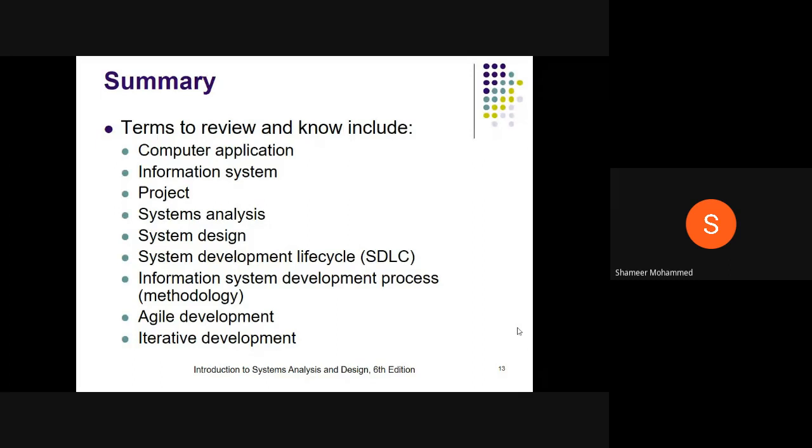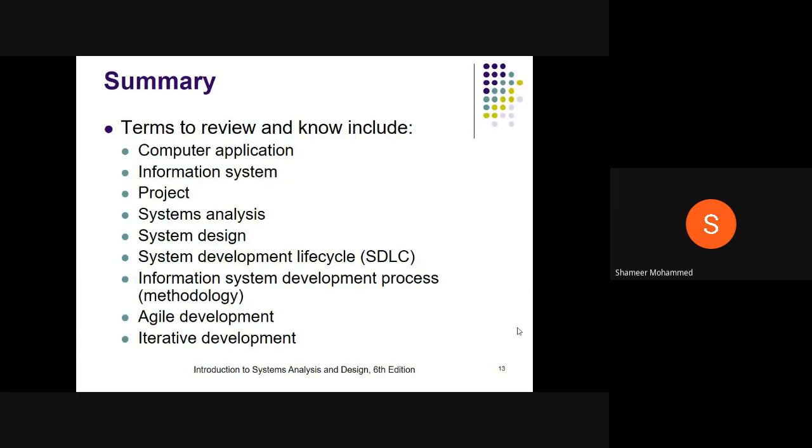What is system analysis? System analysis process is what? Analyzing the system. Designing. It will allow you to explain how to solve the business problem. Systems development life cycle. What are the different steps in that one?